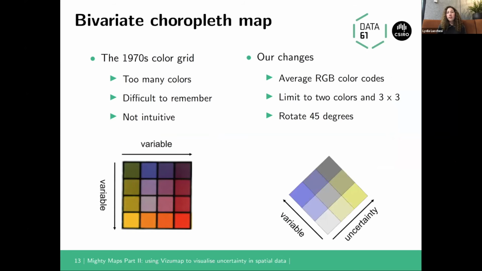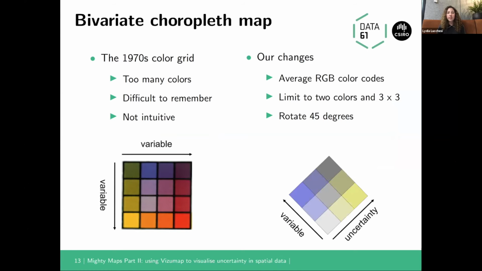Now, most of the criticism was centered around the construction of the bivariate color grid. So one criticism was that it had too many colors. It includes green, blue, orange, red, purple, basically every color of the rainbow. And another issue is that it was difficult to remember and not intuitive.